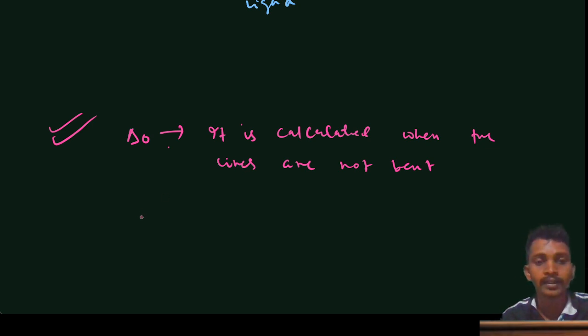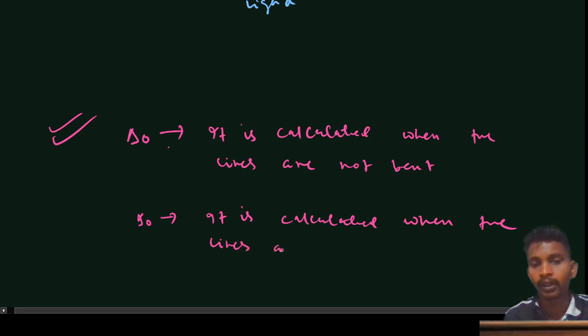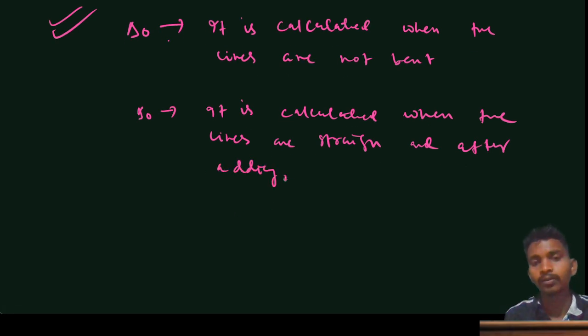So delta naught is calculated where the lines are straight, and after subtracting we should get 1. Okay, after subtracting we should get the value 1.